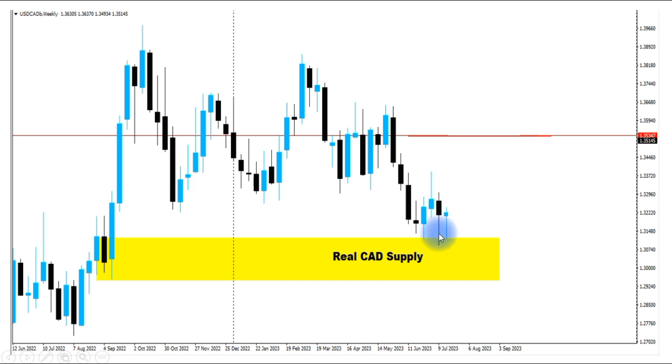So now we are expecting that USD/CAD should rally, which means that the Canadian dollar should weaken. So we are trading inside a Canadian dollar supply, which is actually a demand zone on the USD/CAD.